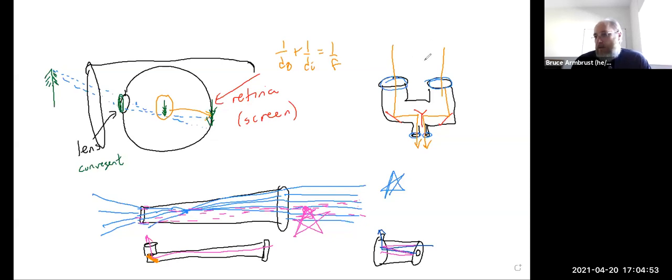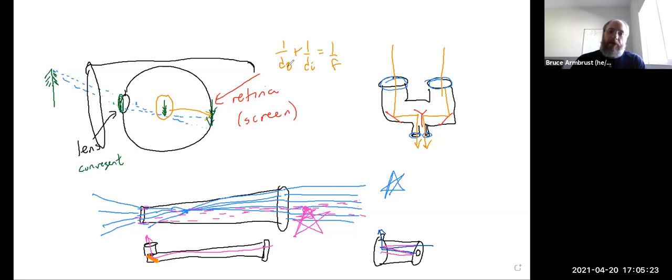And microscope, same story, right? Exactly the same story. You're just looking at things that are much closer than those that are far away. And because they're much closer, you have to change how you do it a bit, because everything is determined by that DO, right? And if things are really far away, like stars, the DO is basically infinity.